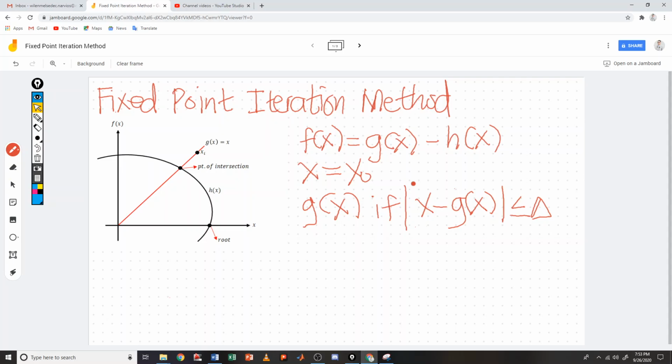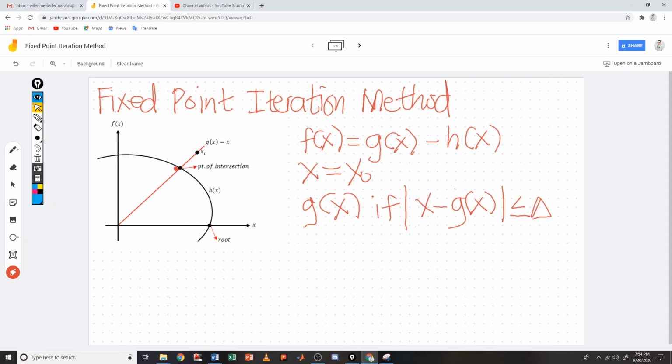So let us consider this graph, the illustration of the fixed point iteration method. In this graph, we have h(x), which is this curve of the function, and also g(x), represented by the red line.